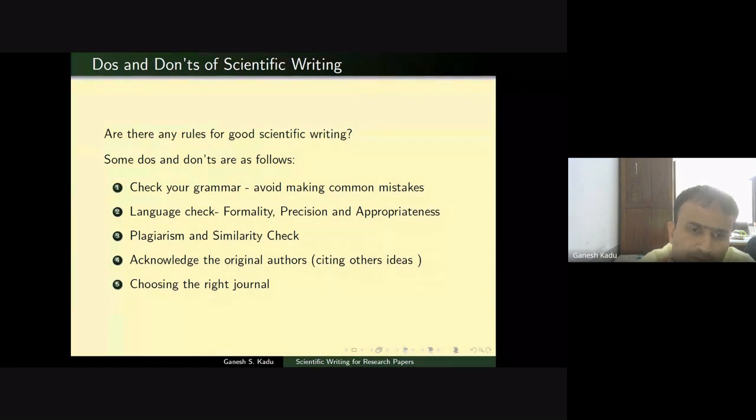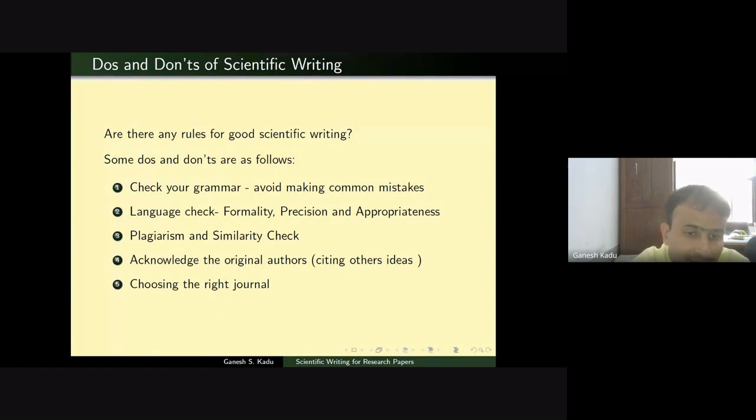Then finally, you have choosing the right journal. After you have written your paper, you need to find a good journal. Because if you have written an interesting article, you expect it to reach your target audience.